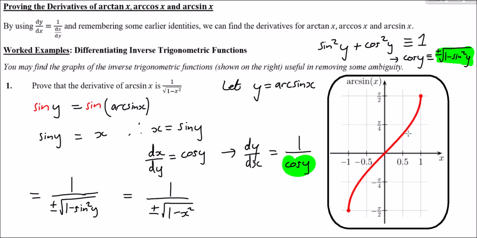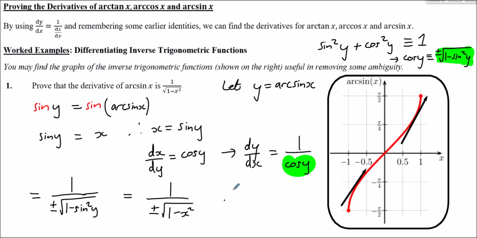So for example, taking the tangent here, that's going up. The tangent here is going up. Between the limits of where arcsine is defined, it's always going to have a positive gradient. Therefore, we can remove the minus. So just by making a note here, the gradient of arcsin x is clearly positive. We can remove that minus.